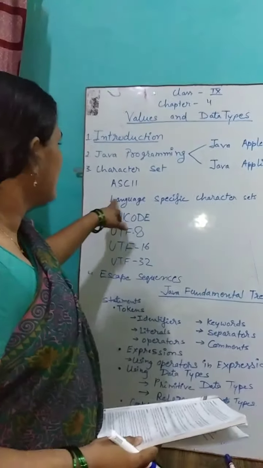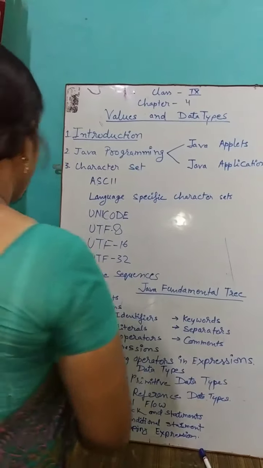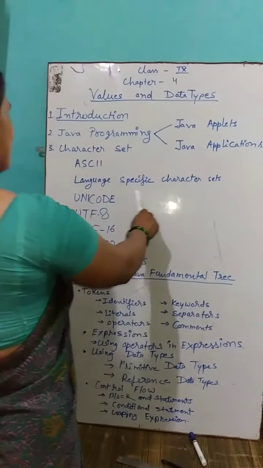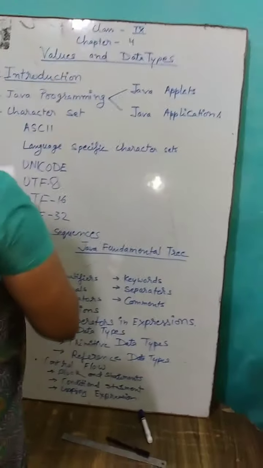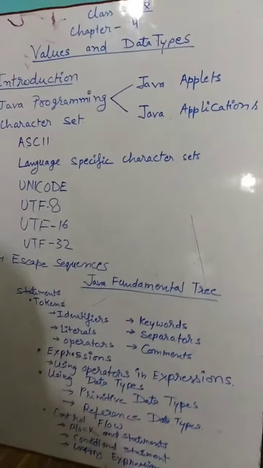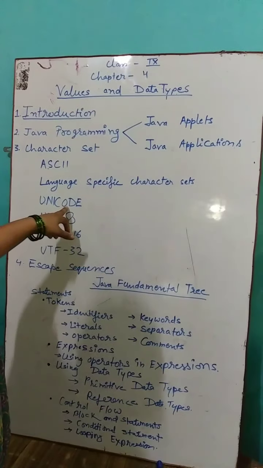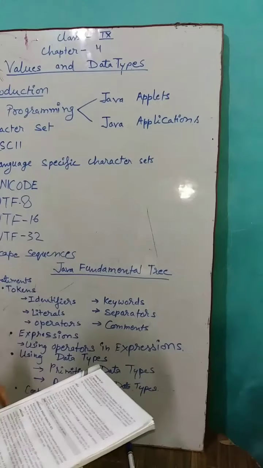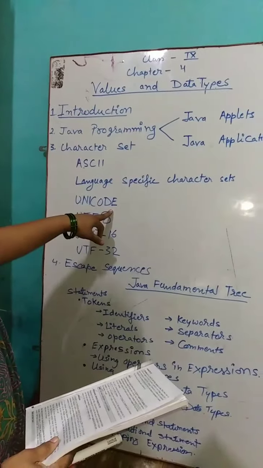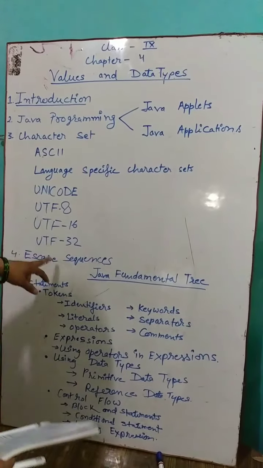Next is language specific character set. It was built in the year 1960 for commercial studies, computing industry and common industry issues. Okay. Next is Unicode. Unicode is an international standard code. Okay. It was developed in 1990.